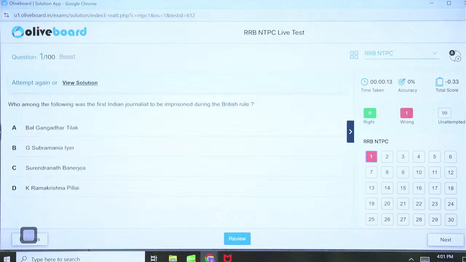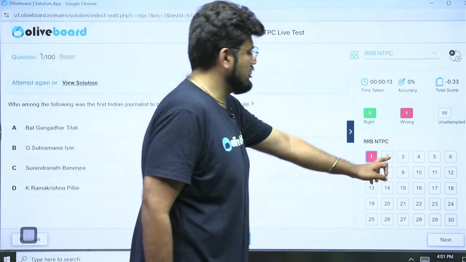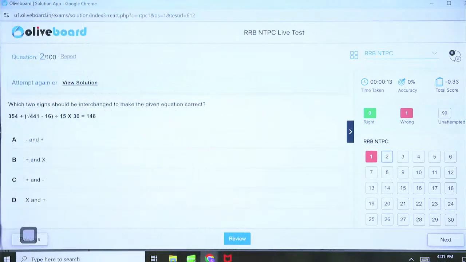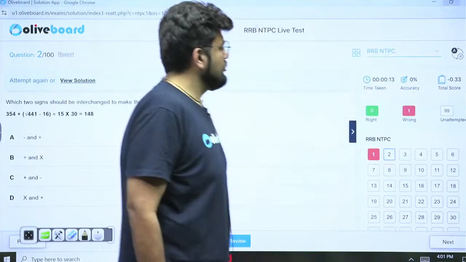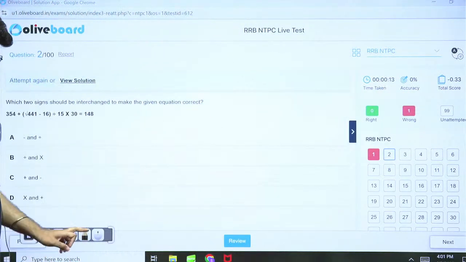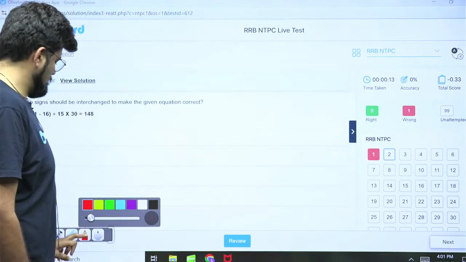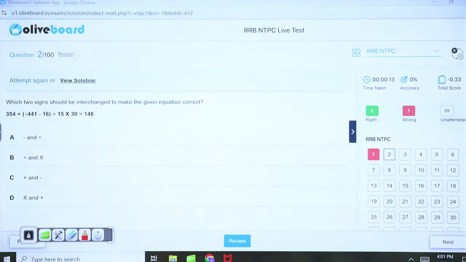So the first question is question number 2 for logical reasoning. Which two signs should be interchanged to make the given equation correct? In these cases, first always try and solve the equation to see what exactly is going wrong.